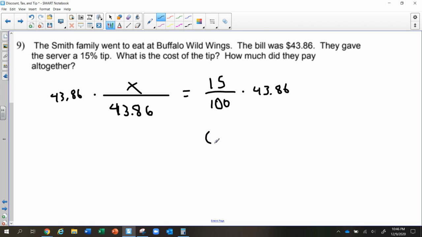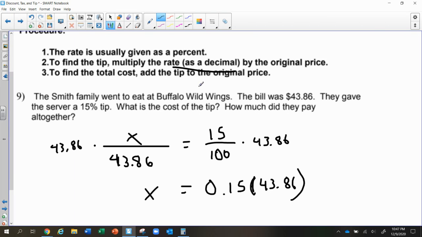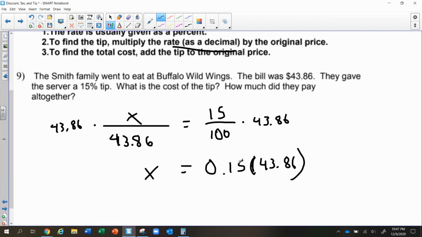But now I got to convert that to my decimal. I'm going to put parentheses since there's already a decimal. I don't want to get confused. So the tip is going to be equal to the rate multiplied by the original price.